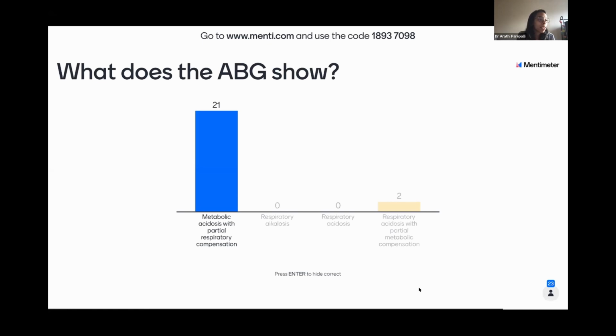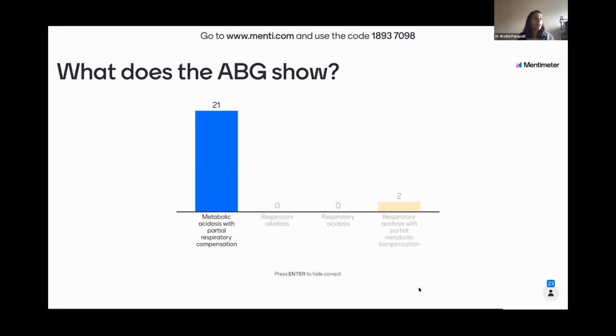So bicarb is low, and you know that bicarb acts as a base. So if it's low, then you're thinking, oh, that could be a contributing factor to acidosis. And that would be in keeping with metabolic acidosis. And the base excess kind of confirms that because it's -11. And your PCO2 is low.